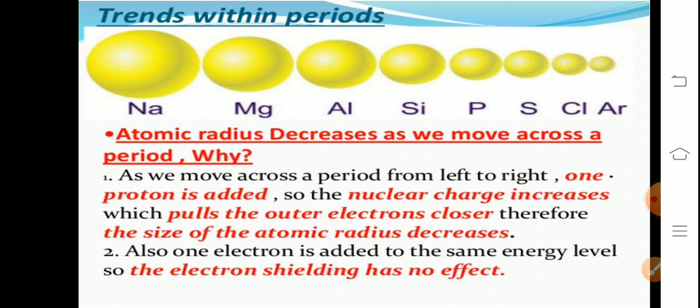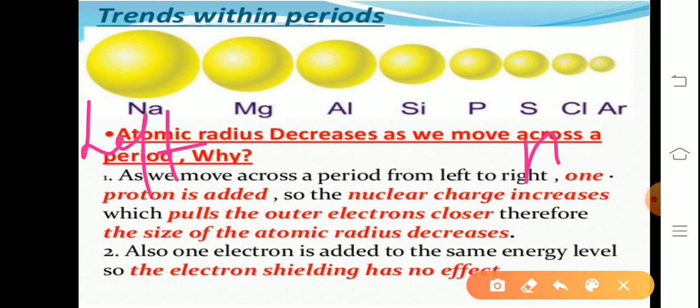We observe that the size of the atoms in a period is decreasing. So we can say the atomic radius of an element decreases across a period from left to right.